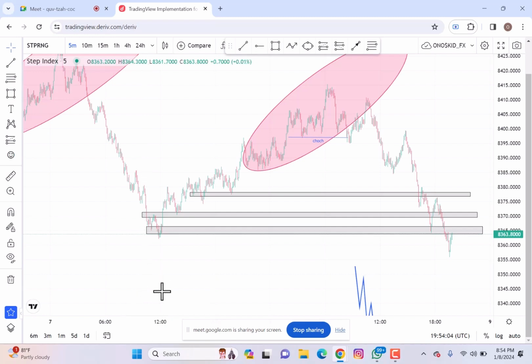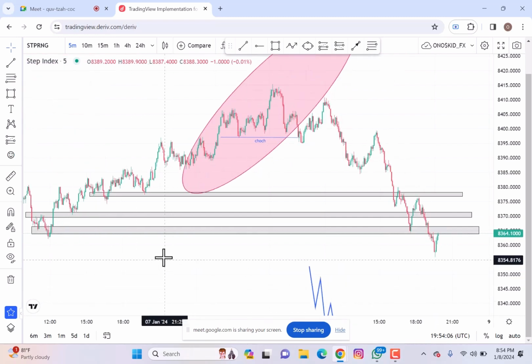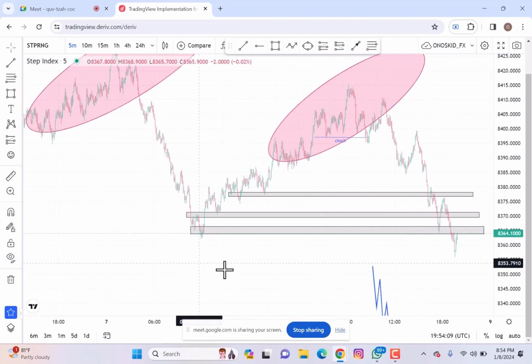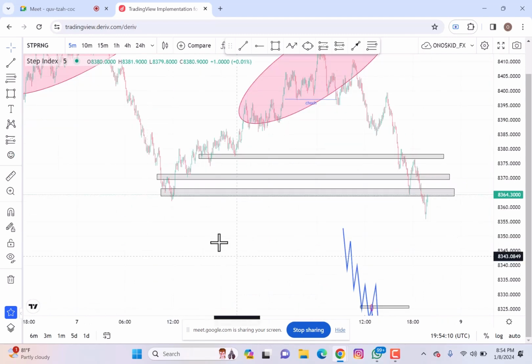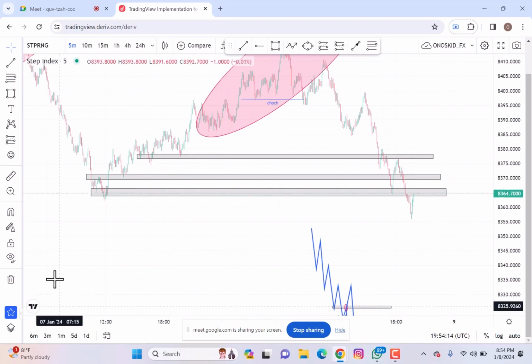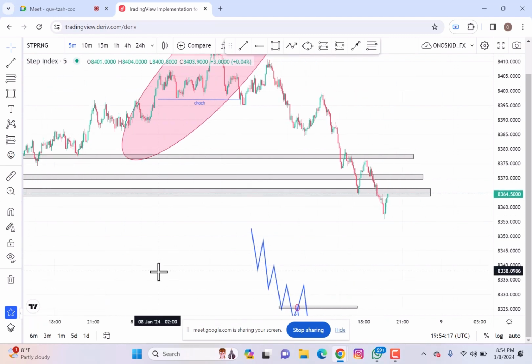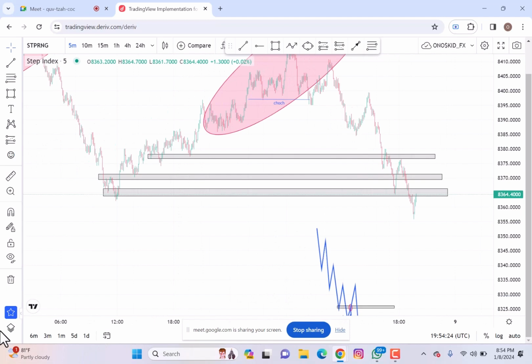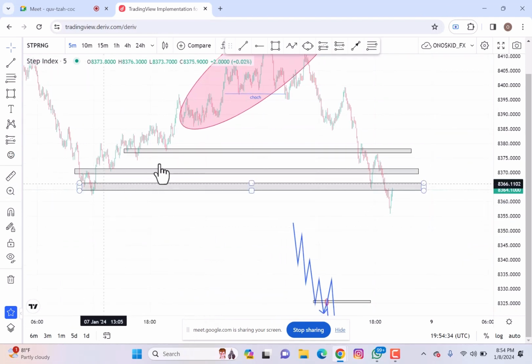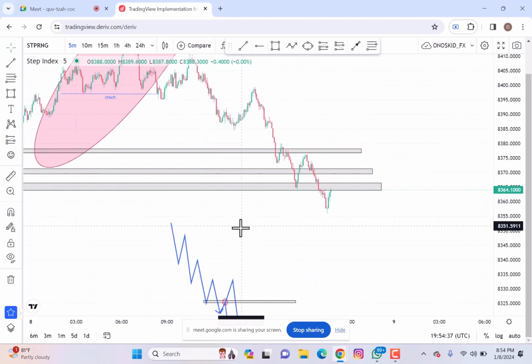So the moment you have been able to mark out those points, the next thing you want to do is exercise patience on the lower time frame for this market to come down or come up to this your POI and give you a candle reaction before you make your trading decision. So that is how you can actually apply POI transition on your analysis. Okay, I hope that is taken.